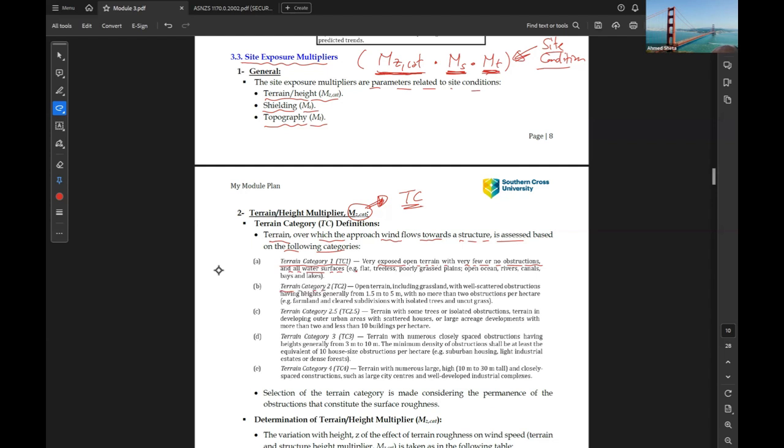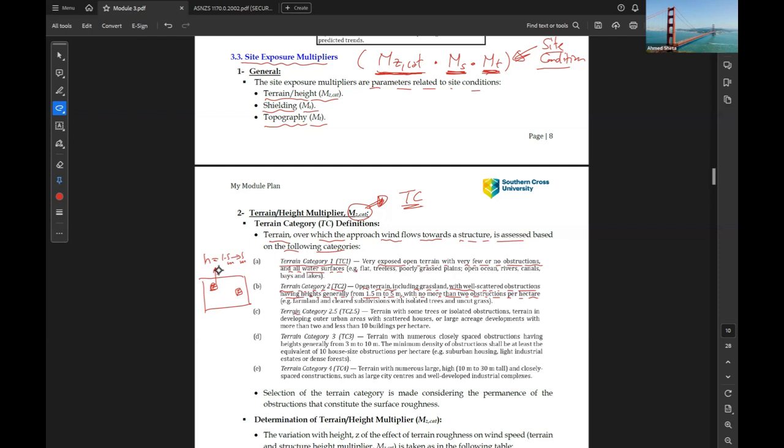Terrain category 2 is open terrain, including grassland, with well scattered obstructions having heights generally from 1.5 to 5 meters, with no more than 2 obstructions per hectare. For example, in this case we have maybe 1 or 2 obstructions per hectare, each with a height of only 1.5 to 5 meters, so they are very small obstructions, maximum 2 per hectare.